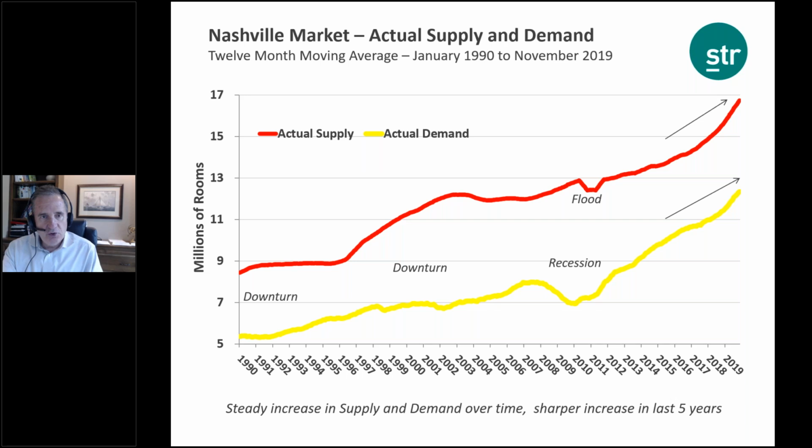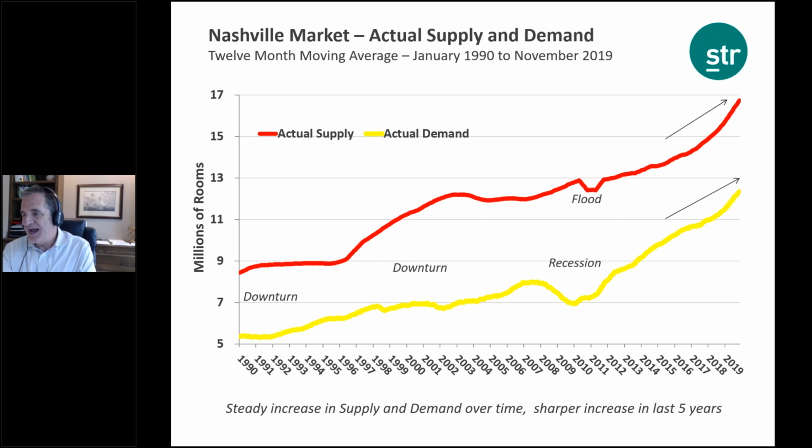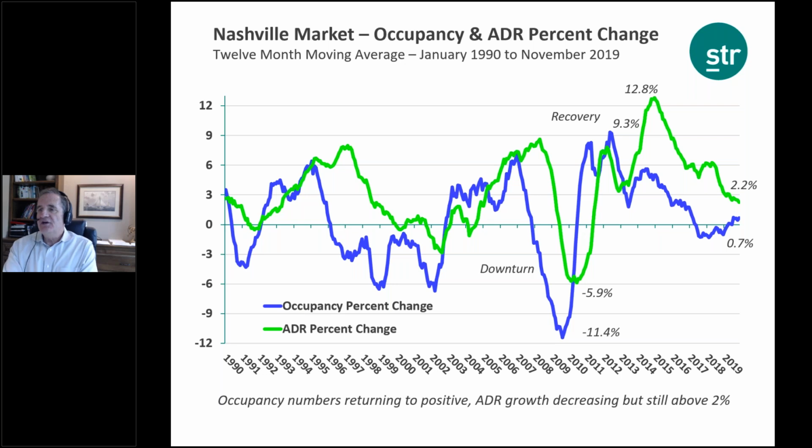But the first 2 graphs here were supply and demand percent change, and then supply and demand actual values. Now, next up is occupancy and average daily rate. Of course, they'll be found on the running 12-month tab as well. This first one graphs the percent changes over time.